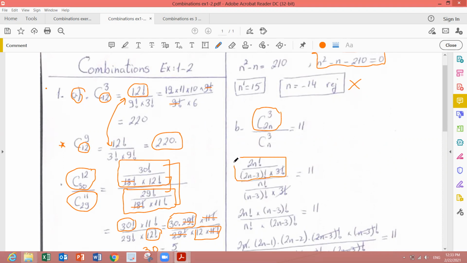This is the numerator. n choose 3 is n factorial over n minus 3 factorial times 3 factorial. 3 factorial with 3 factorial simplified.